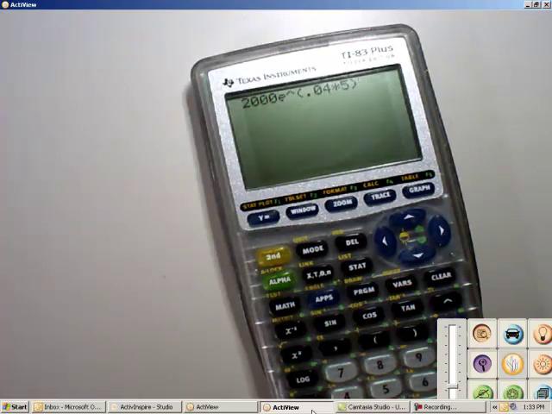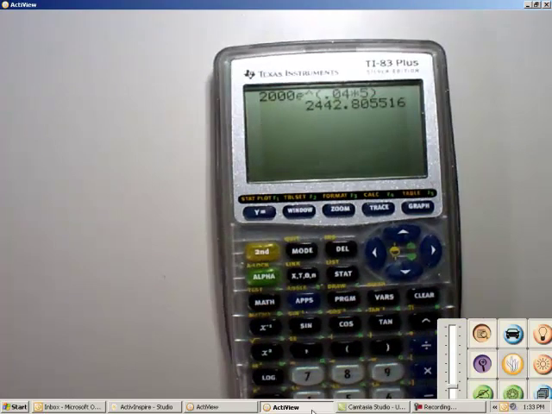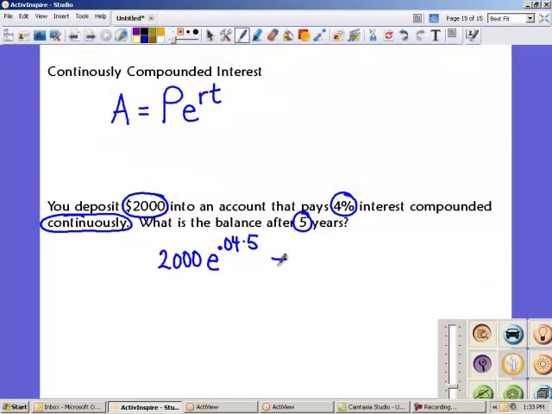And when we push enter, we get this number. $2,442.81. So we're getting an extra $442.81 just by leaving our money in for 5 years that gets interest continuously. It's a lot of free money.